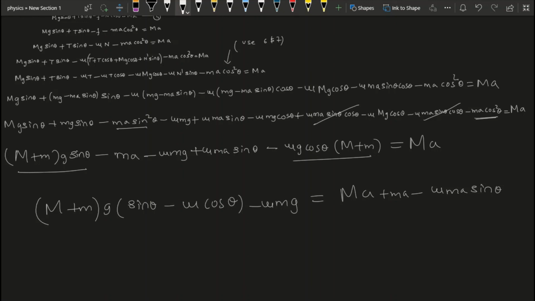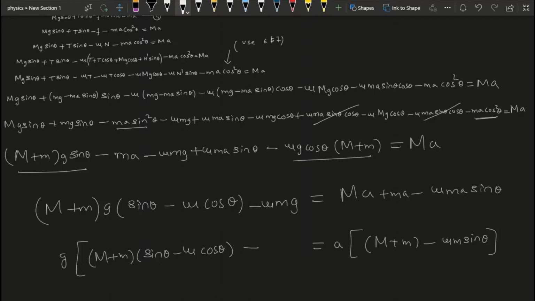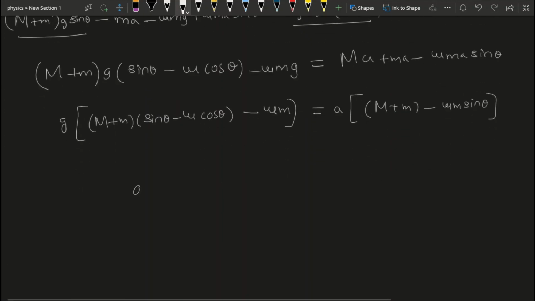And I want acceleration, so I can take this acceleration common, and I can simply write capital M plus small m minus mu m sine theta. And you can also take g common from this, and what we are getting is capital M plus small m into sine theta minus mu cos theta minus mu into m. So this is the acceleration we are getting finally.